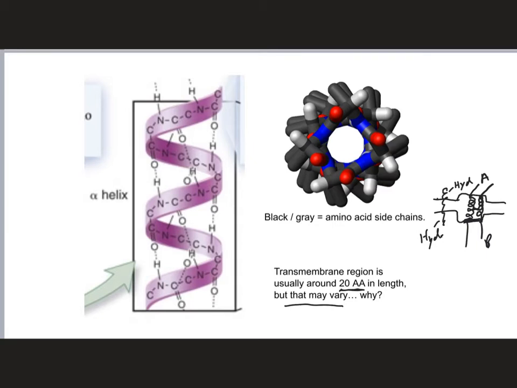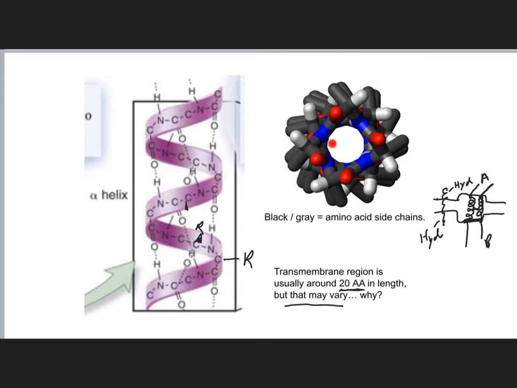And here's what the alpha helix does to the side chains. Every one of these side chains ends up sticking outward. Even these over here are going to stick outward, kind of behind. They're going to go behind there, these are going to come in front, so they're always sticking outward. This is looking straight down at our alpha helix.